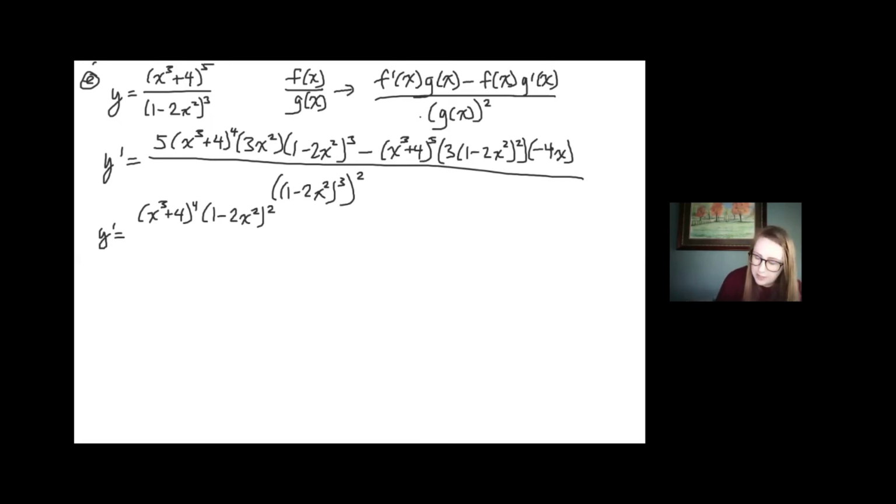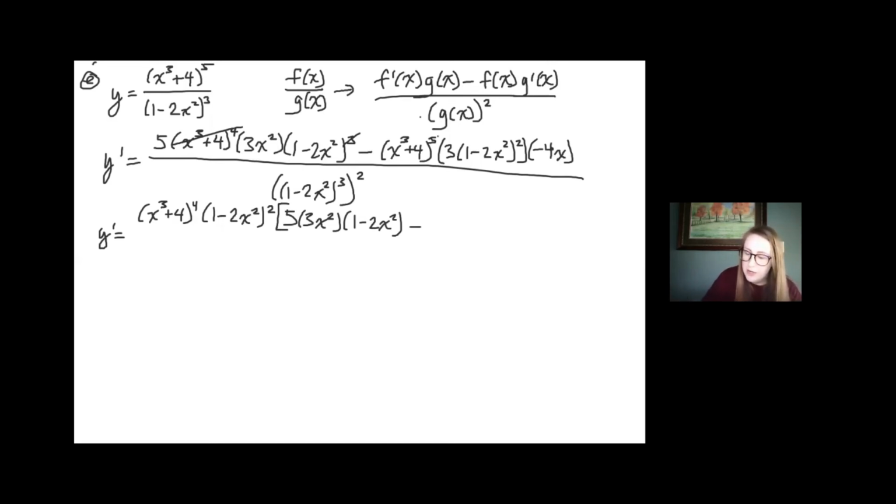Okay, so what that's going to leave us with is, in the first term, we're left with 5, and then we got rid of those because we pulled them out, and then 3x squared, and we got rid of only 2 of these factors of 1 minus 2x squared. So we are left with 1 of those, 1 minus 2x squared to the first power, but if it's to the first power, we don't write it.